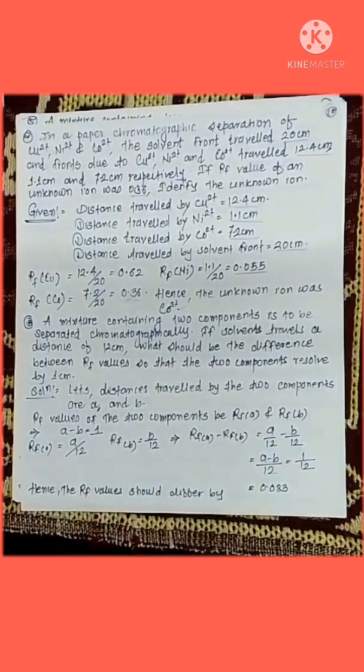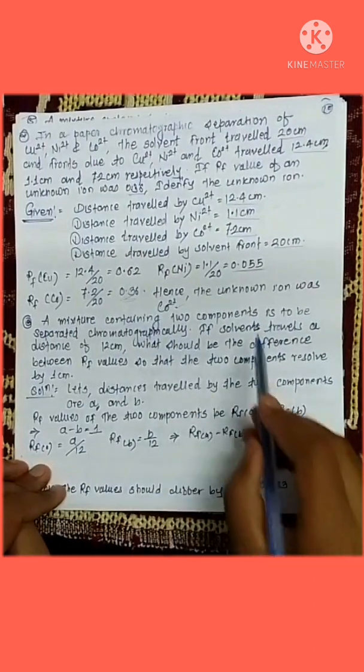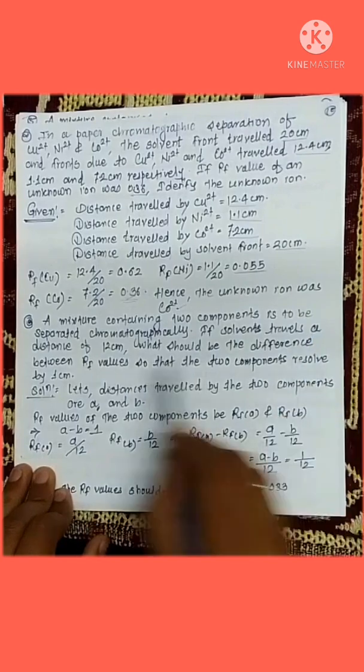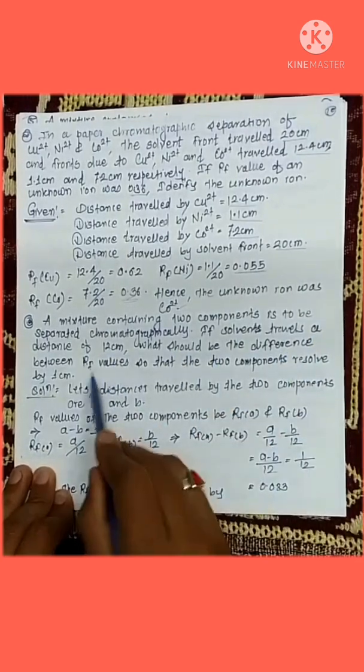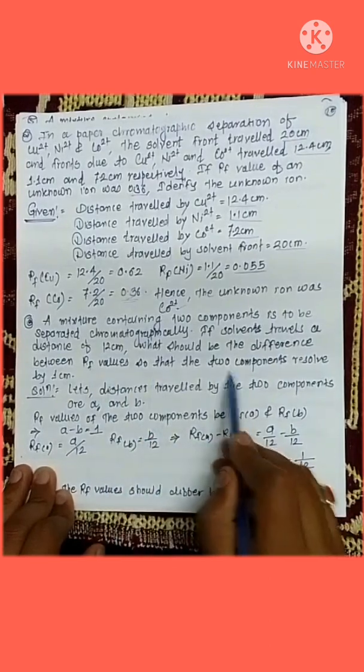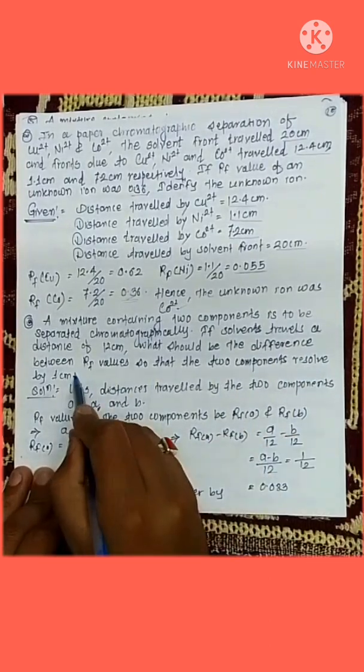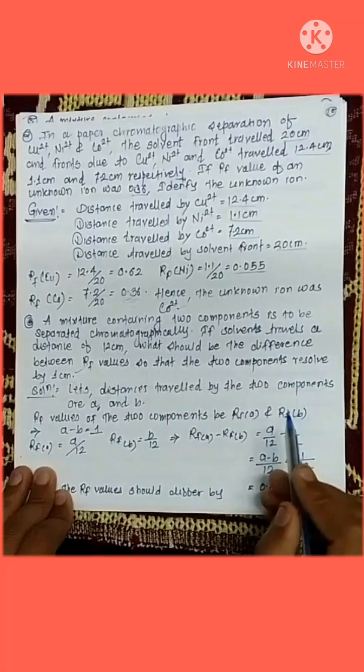A mixture containing components is to be separated chromatographically. If a solvent travels a distance of 12 cm, what should be the difference between RF values so that two components resolve by 1 cm? It is a very interesting problem.